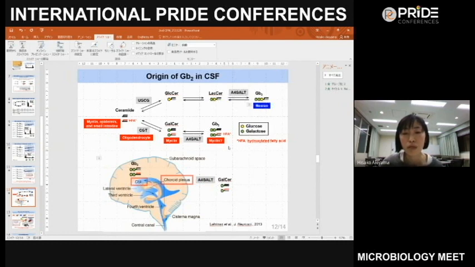In our study, we detected GB2 having hydroxylated fatty acid in ceramide, and hydroxylated ceramide is expressed in myelin, epidermis, and small intestine. In the brain, galactosylceramide is synthesized from ceramide by CGT in oligodendrocytes. As A4GALT is expressed in both neurons and myelin, GB2 might be synthesized in myelin.